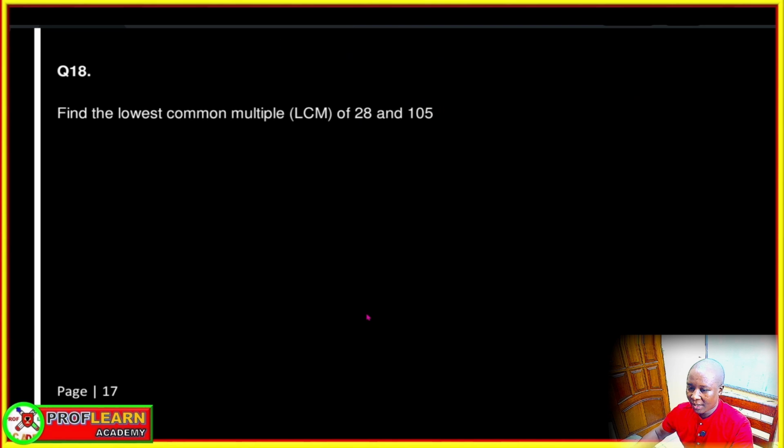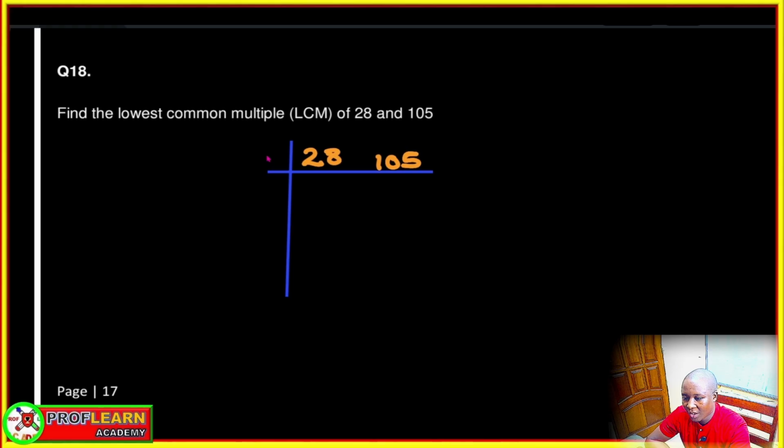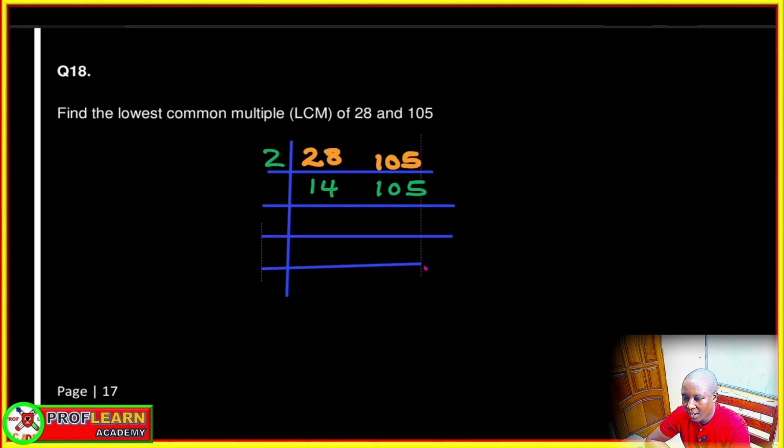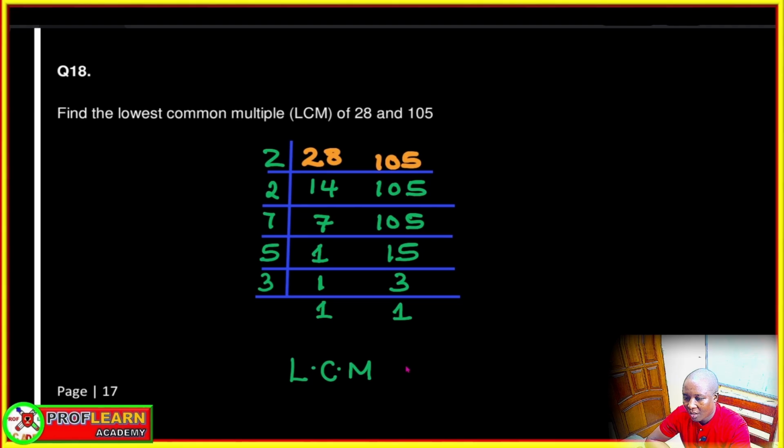Now finding the LCM, least common multiple. This is what we're going to do. We ask ourselves, which number can divide here? 2 can go here. 2, 14 does not divide. 2 again here, 2, that is 7. 105, 7 goes 1 times, to 105 it goes 15 times. 3, 5 goes to 15 3 times. 3 goes to 3 1.